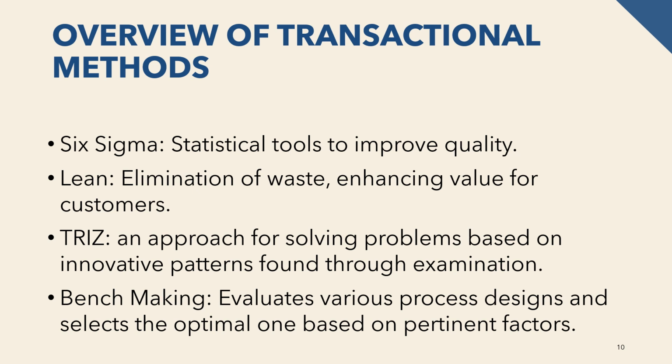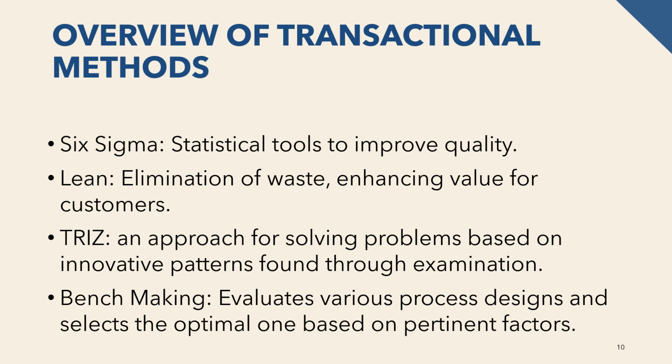So, the overview of transactional methods: let's delve deeper into some transactional methods, such as Six Sigma, Lean, and TRIZ, which are widely used in various industries. Six Sigma focuses on reducing process variation and improving quality through DMAIC, which means that D goes for define, M for measure, A for analyze, I for improve, and C for control.